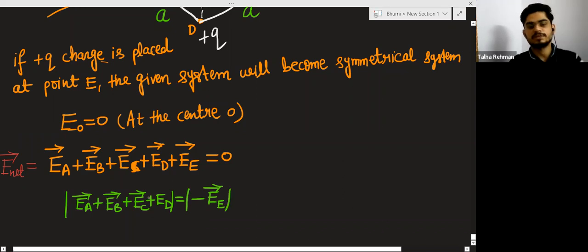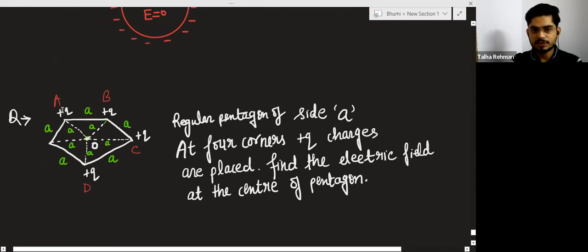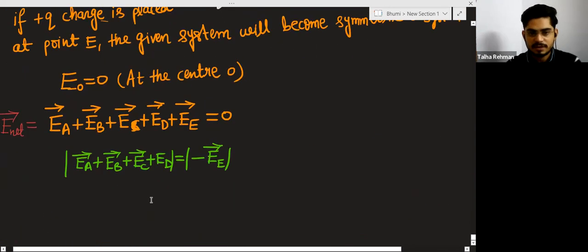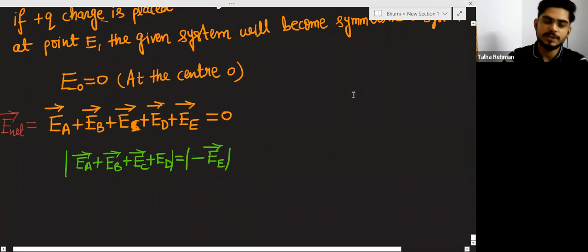I am taking the modulus. We have to find the electric field due to the charges at A, at B, at C, at D, and this is equal to the electric field due to the charge at point E.